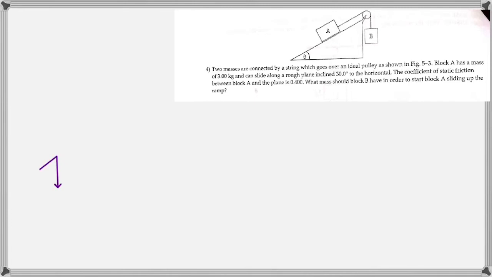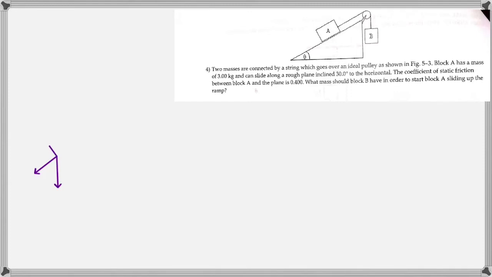Second, the frictional force is always opposite to the intended motion. Since object A is trying to move up the ramp, friction is going to be down the ramp, and it's always tangential to the two surfaces, or in other words, along the ramp, parallel to the ramp, but in the opposite direction.